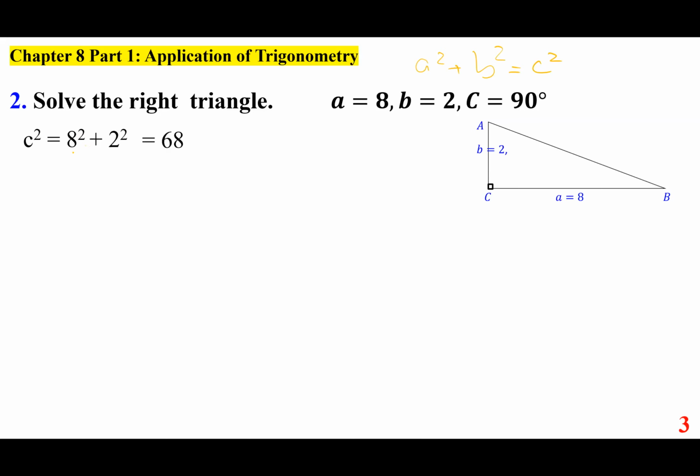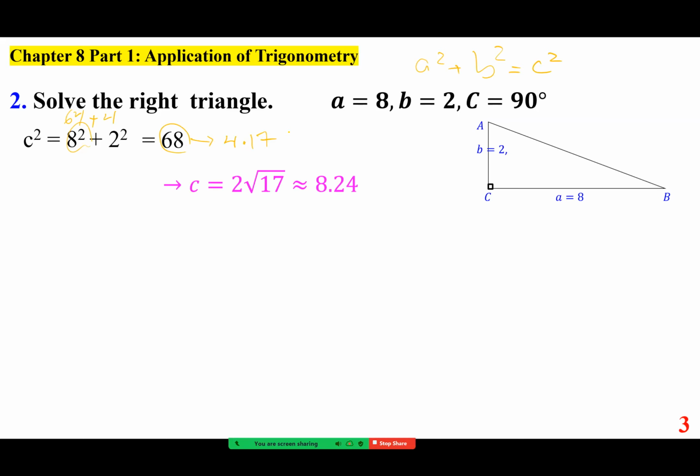This is 64. This is 4, so 68. So the square root of 68, or remember 68 is 4 times 17. 4 comes out as 2, so 2 square root of 17.